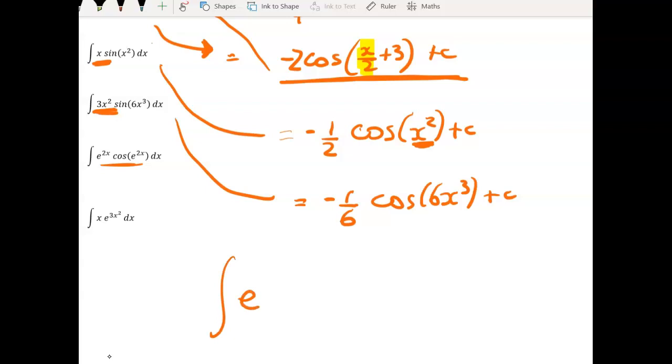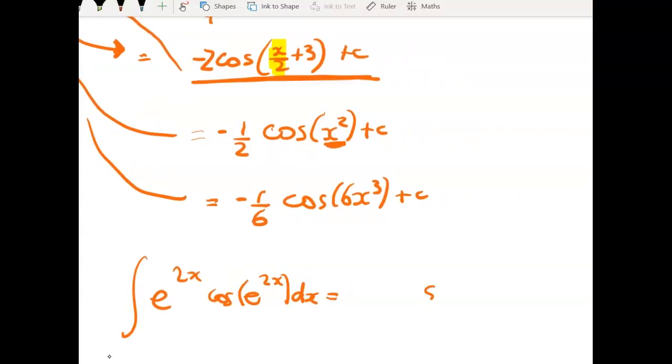So for e to the 2x cos of e to the 2x dx, I'm going to start by saying, well, it'll be sine of e to the 2x plus c. And I don't need to do any adjustment there. The reason that that one is much easier than it looks is that here's my inside function, e to the 2x. Oh, I do need to do an adjustment, sorry, before someone tells me.